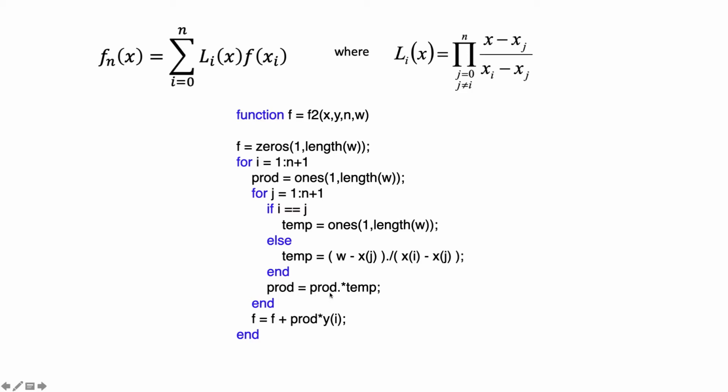And since this is at the moment w minus x2 over x1 minus x2, and this is w minus x3 over x1 minus x3, then this new product will become w minus x2 over x1 minus x2 times w minus x3 over x1 minus x3.